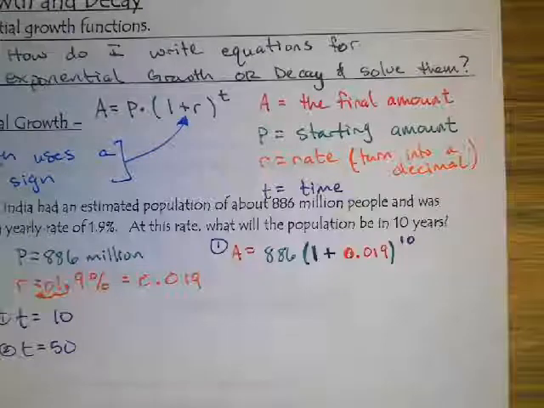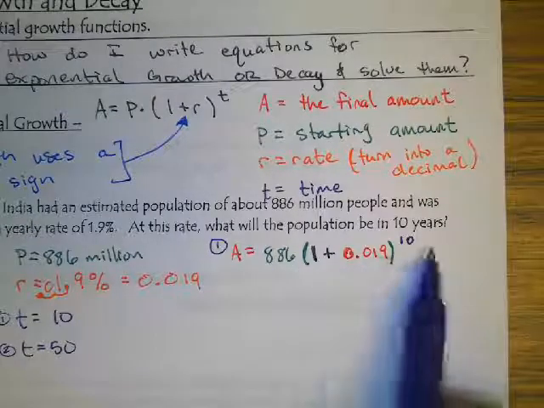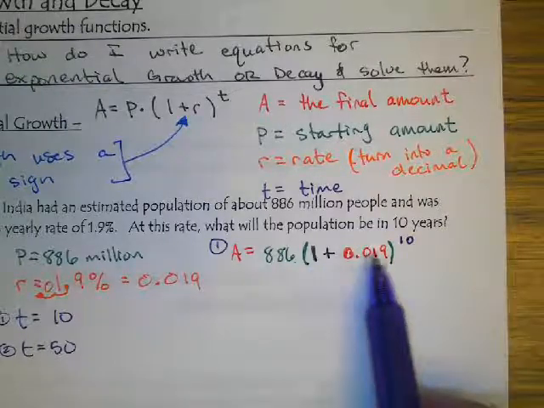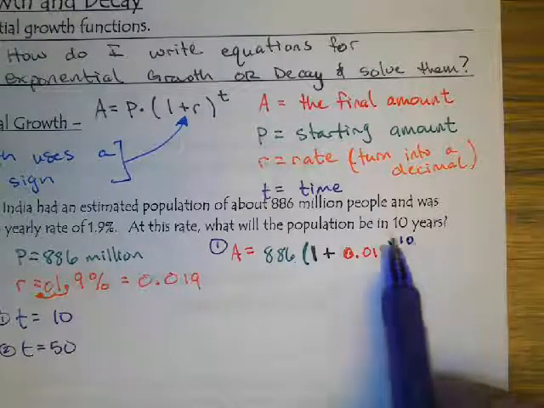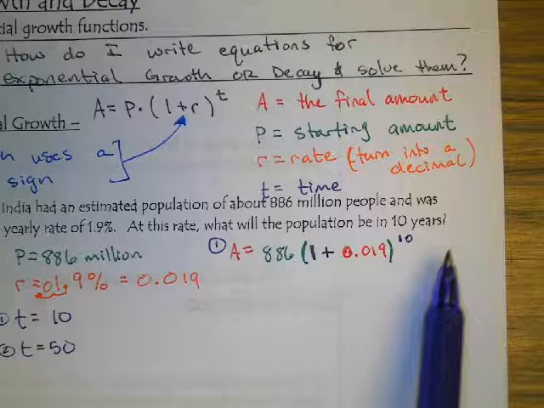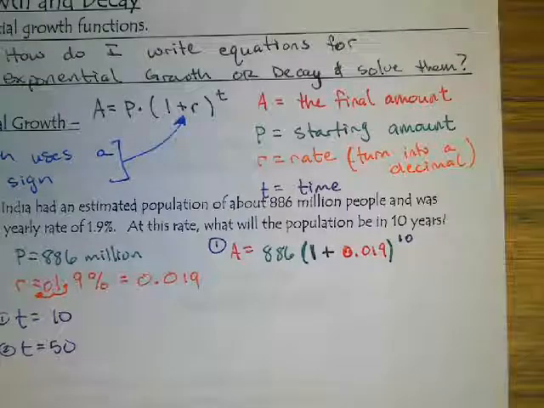Now on your calculator, you can type it exactly like this: 886 parentheses 1 plus 0.019 close parentheses exponent 10. You can type it just like that, hit the enter button, and you've got your solution.